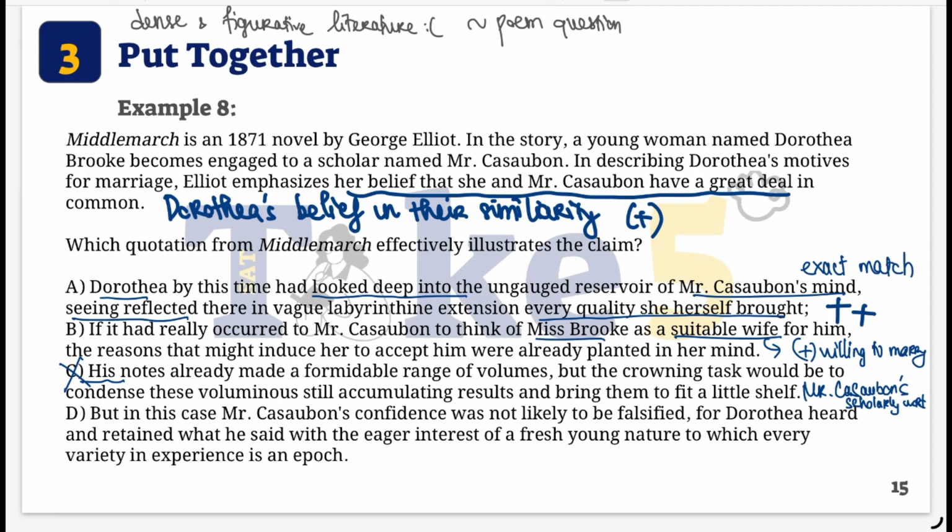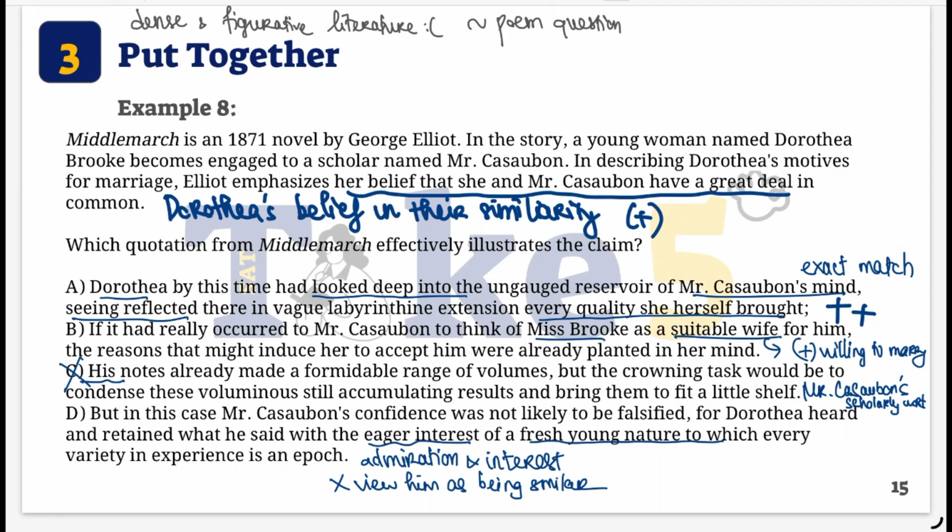D is a tricky one because it also shows strong positive feeling Dorothea has, describing her admiration and interest in what he says. However, it only conveys the idea that Dorothea is extremely interested in what Mr. Casaubon has to say because of her youth. It does not explicitly mention that she views him as being similar to her, so not an exact match to the claim.